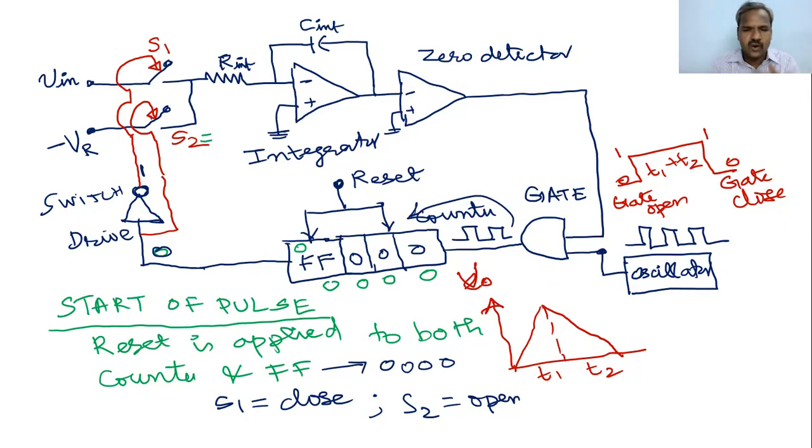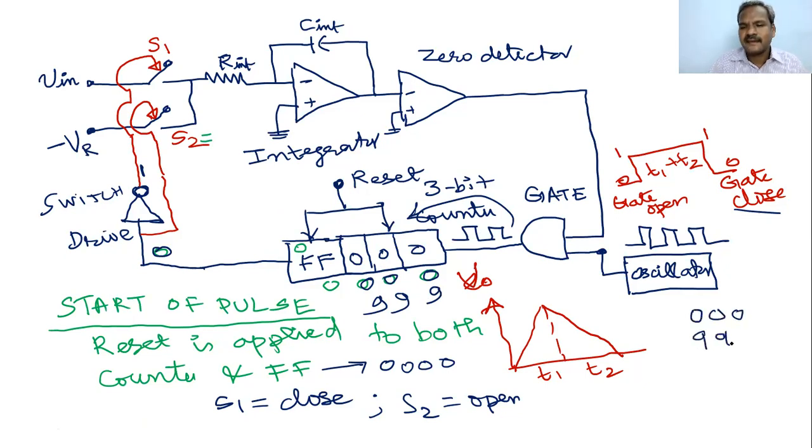The counter starts counting from 0000 up to 9999. Specifically, I am discussing with a 3-bit counter. So the moment the gate opens, the counter starts counting from 0000 to 9999.